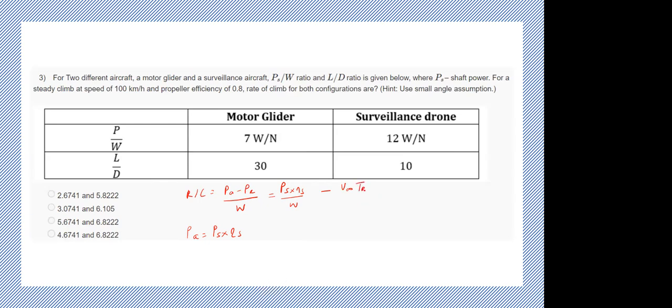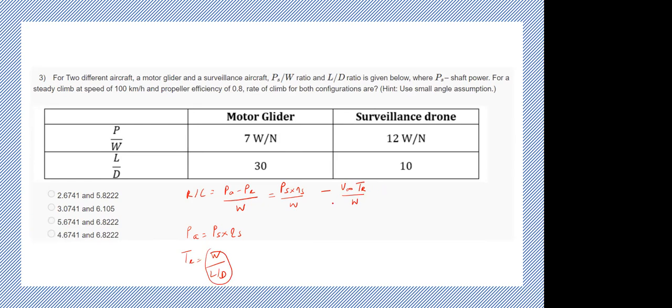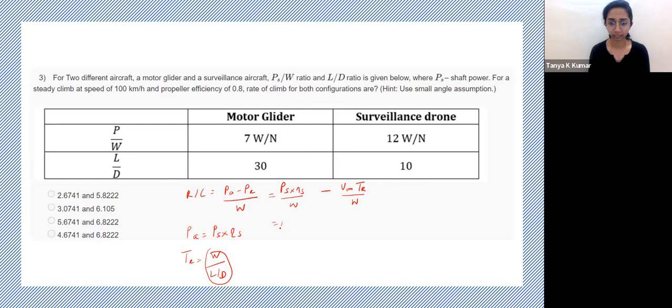V infinity into thrust required, and TR is weight upon L by D. I just replaced W by L by D with thrust required. W will cancel out and V infinity upon L by D will remain. Exactly. So this will be PS by W into propeller efficiency minus V infinity upon L by D.